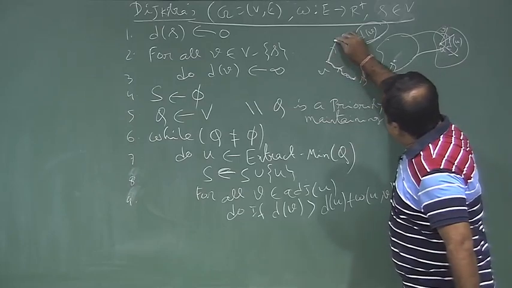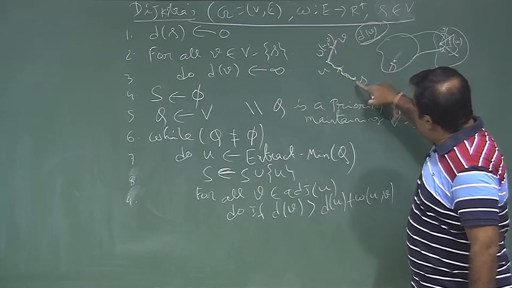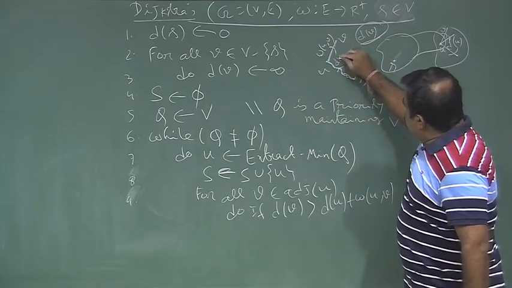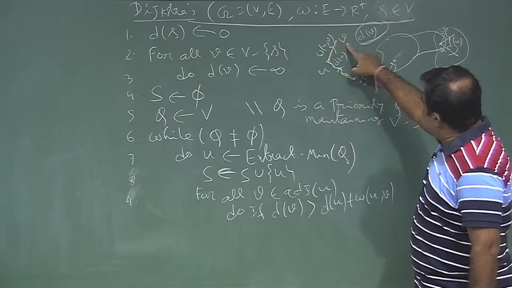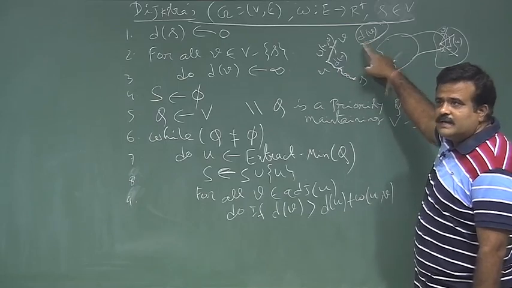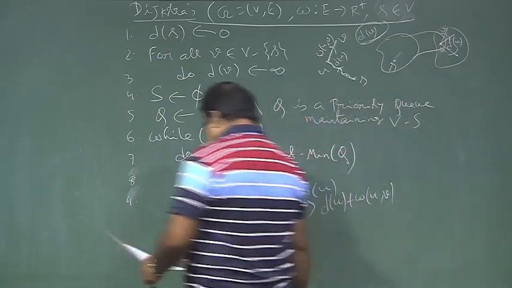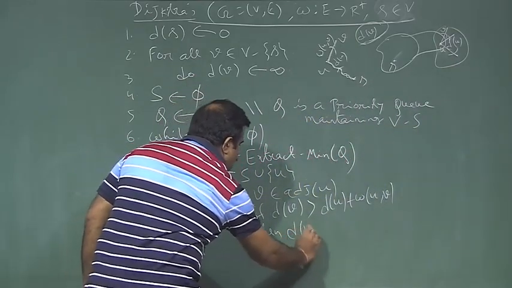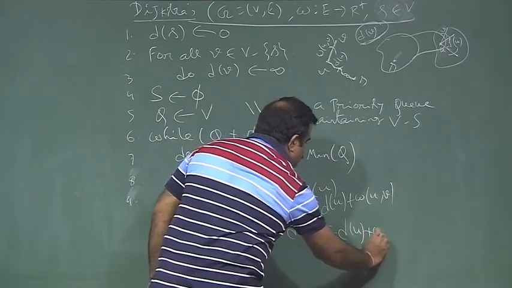Then we take the direct edge W of U comma V. This is a new path from S to V, and the weight of this path is d of U plus W of U,V. If this weight is less than the weight of the path we have, then we must take this new path, so d of V must be updated by this new path.